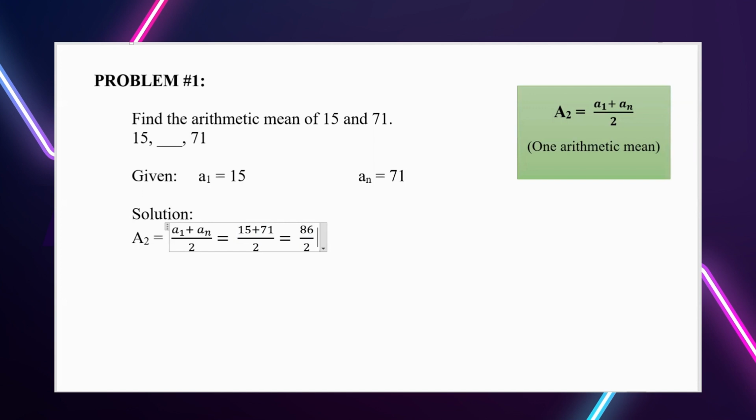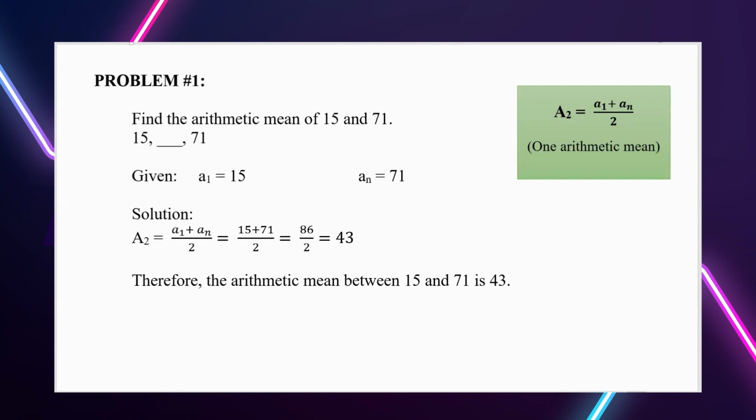So, 86 divided by 2 is equal to 43. So, ano ang ibig sabihin ng 43? So, therefore, the arithmetic mean between 15 and 71 is 43.